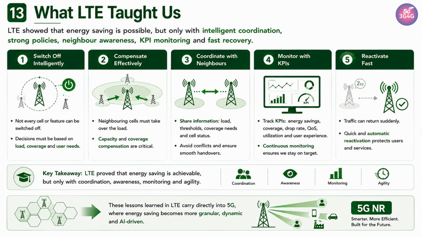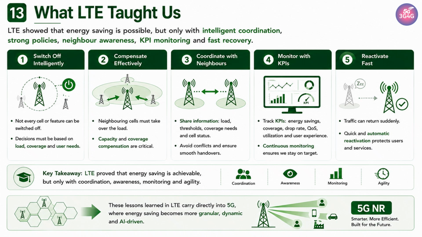Fourth, KPI monitoring is essential. Operators need to track energy savings, coverage, drop rates, QoS, utilization, user experience, and reactivation behavior. Fifth, fast recovery is critical. Traffic can return suddenly. The network must be able to wake resources quickly before users notice a problem.